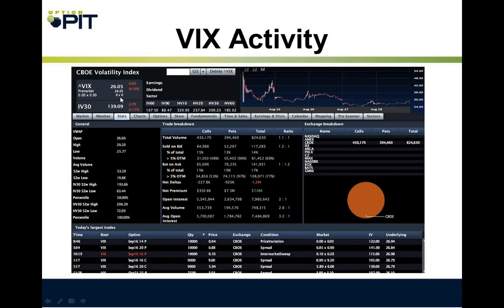This is a snapshot from a relatively busy day. Just looking down at some of the volume, you can see relatively big lots trading: 10,000, 10,000, 10,000, 9,000, 9,000, 7,500 here, and near 1 million contracts trading.